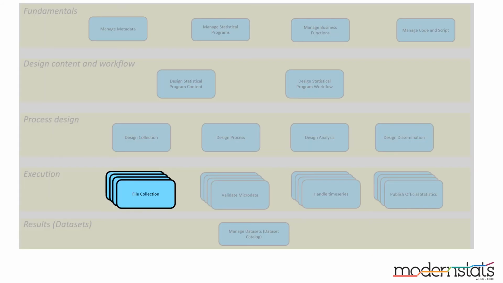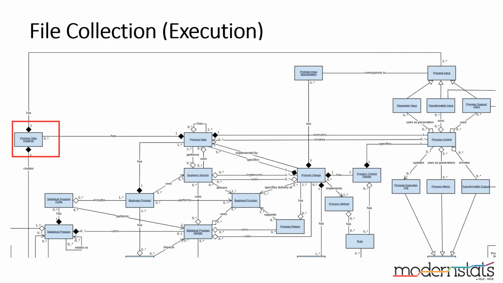And here we have the executing capabilities. The one highlighted here is file collection, which takes a provision agreement from design collection, which also has the data structure in it. The file collection is executing file collecting, and it is done with a process step instance.